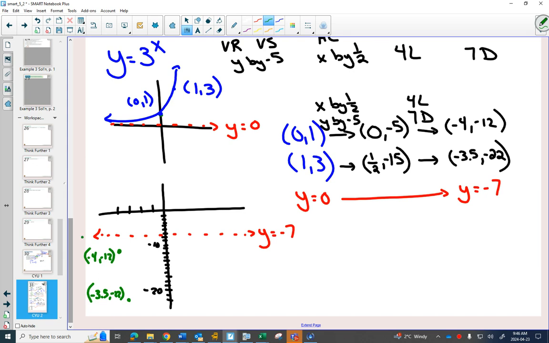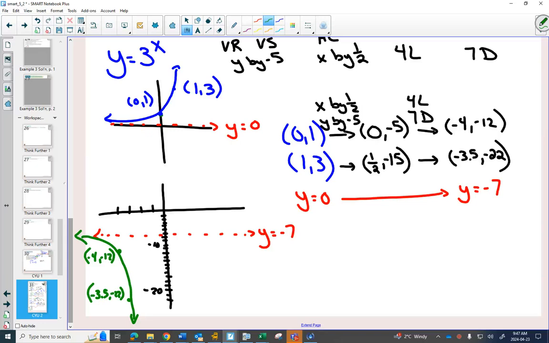Which means that this graph looks like this. One part will go towards the asymptote. The other part needs to go either to positive infinity or negative infinity based on where your points are. But once you have those 2 points and your asymptote, you're going to be able to graph it completely.